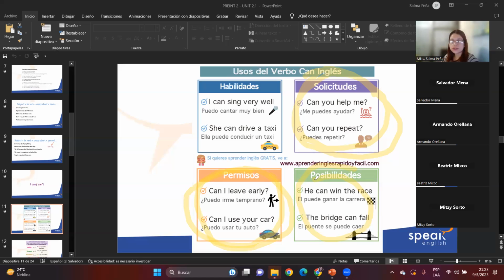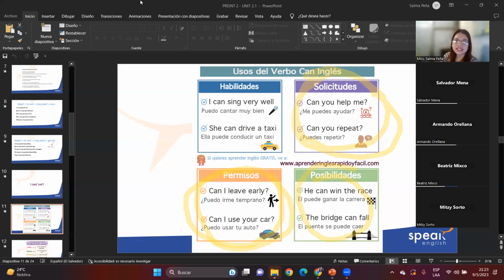Así que, como definimos que con el do y el does, el verbo que se pone después de ellos no puede estar en otro tiempo gramatical que no sea base form, con can sucede exactamente lo mismo, porque él también es un auxiliar. So, we use base form. Usamos forma básica. Por eso dice she can drive y no she can drives. Por eso dice he can win y no dice he can wins.